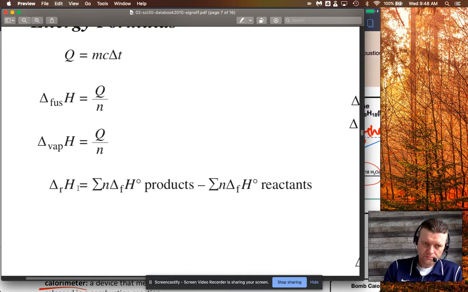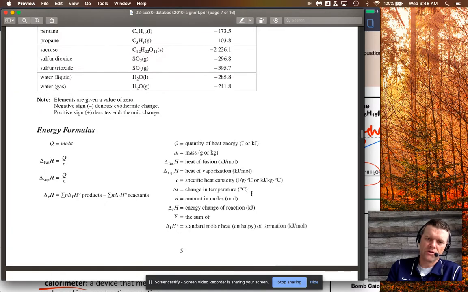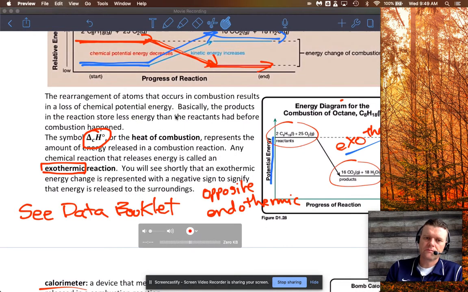So that's equal to, and you'll see it in the formula, the sigma means the sum of, n is the number of moles, but it's basically the sum of all of the energy that the products contain, and we subtract from that the sum of all of the energy of the reactants. So it's the products minus the reactants is a simple way of looking at it. And I'll pull that up again in a second.